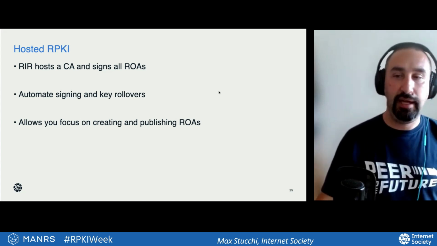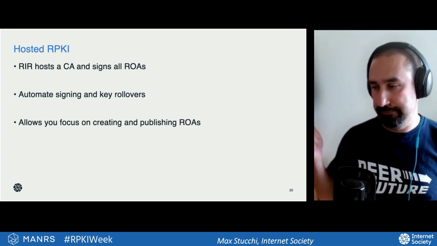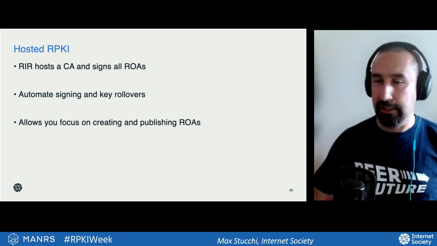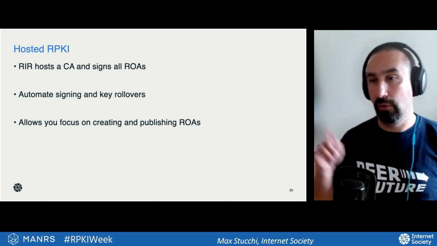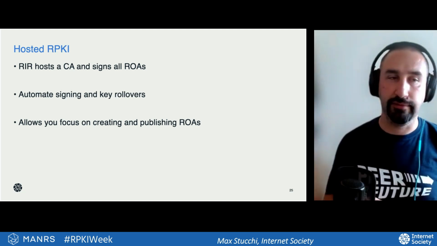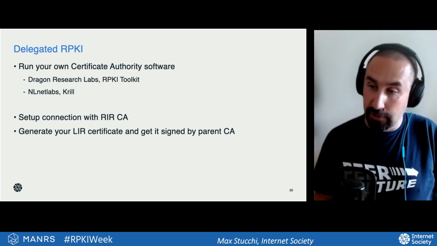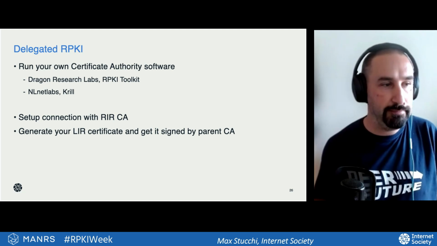But if your use case is a bit more complex, let's say you have resources, so networks from 2, 3 different RIRs, and you don't want to go in and change things manually on all of them, you could run delegated RPKI, where you run your own software, where you run your own CA.